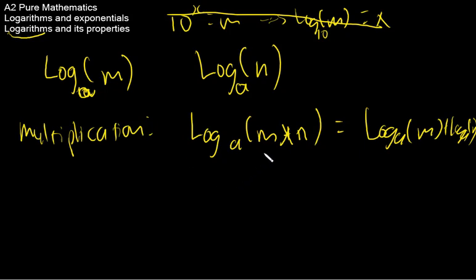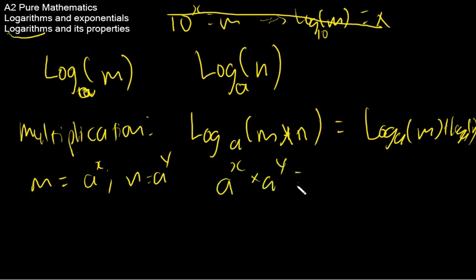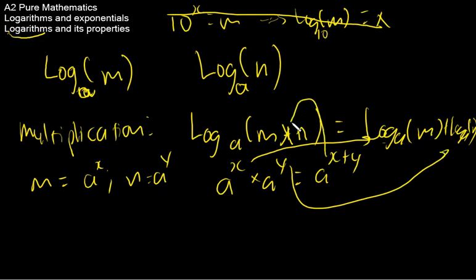Say m is equal to a to the power of x and n is equal to a to the power of y. So m times n would be a to the power of x times a to the power of y. This is equal to a to the power of x plus y. And so log base a of m times n is equal to x plus y, which is equal to log base a of m plus log base a of n. So x is here, y is here, and x plus y is here. That is the reason for this formula.